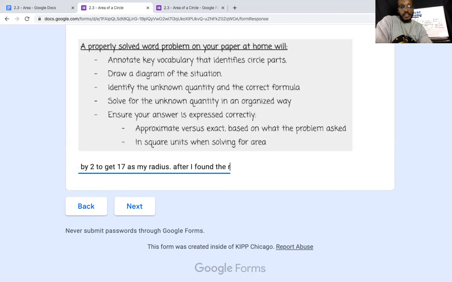After I found the radius, I multiplied 17 times 17 to find what the radius squared is.